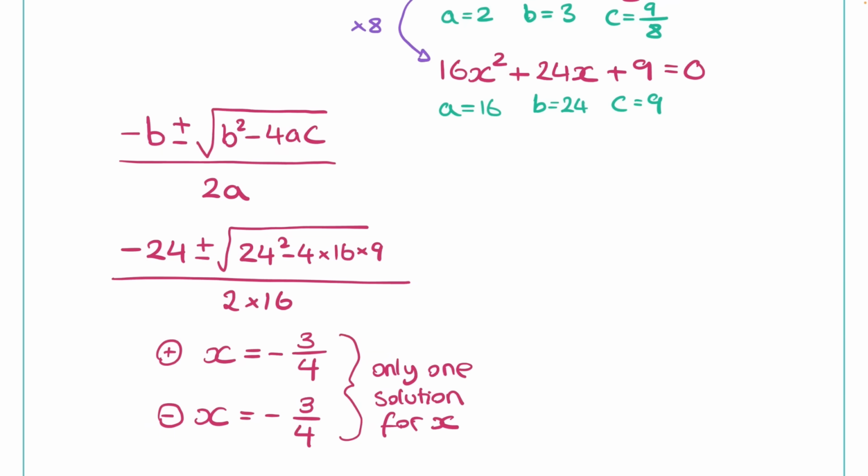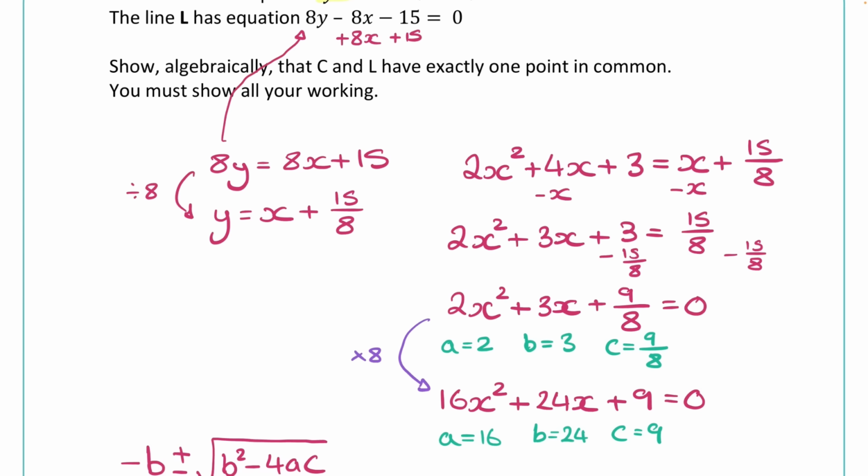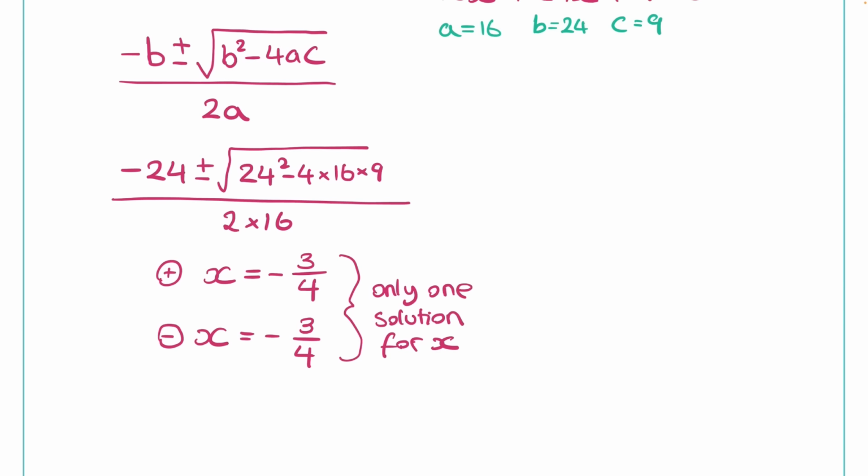And of course, if there's only one solution for x, that means we're definitely only going to get one solution for y. But here's our formula here for finding y. Y is equal to x plus 15 over 8. Just got to make sure, because who knows, maybe this would give us two solutions.